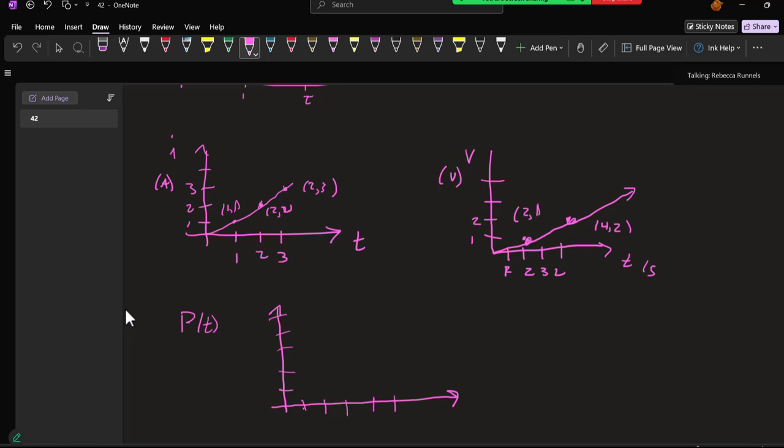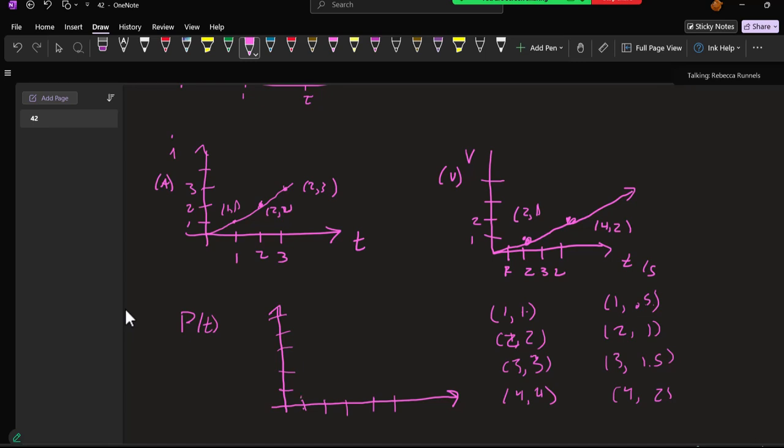So at 1, my y value here is 1/2. So my current has 1, 1, 2, 2, 3, 3, 4, 4. My voltage has 1, 0.5, 2, 1, 3, 1.5, and 4, 2. So to get my power, I multiply together the y coordinates. So 1 times 0.5 is 0.5.